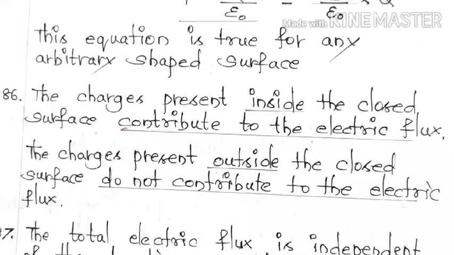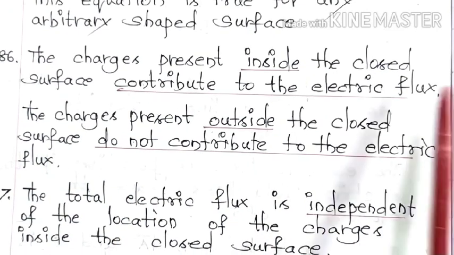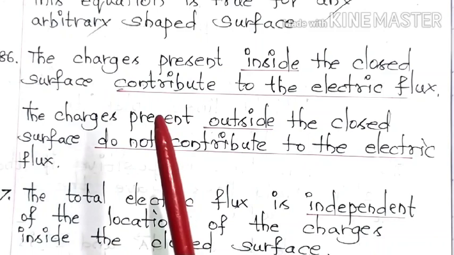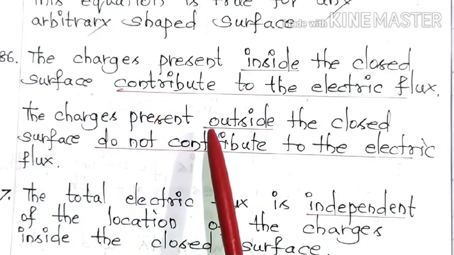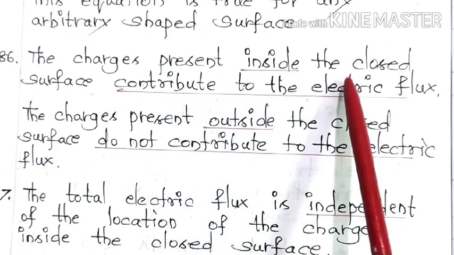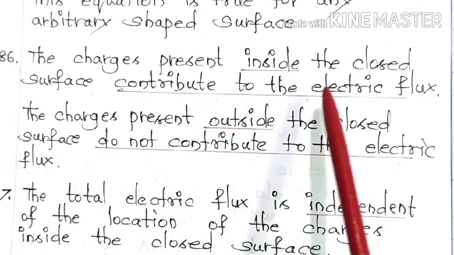The next one is the charge present inside the closed surface contributes to the electric flux. Imagine a closed surface. The charges present only inside the closed surface contribute to the electric flux.